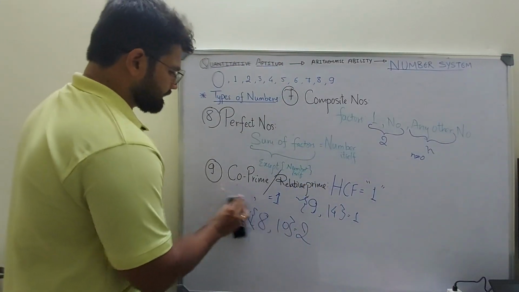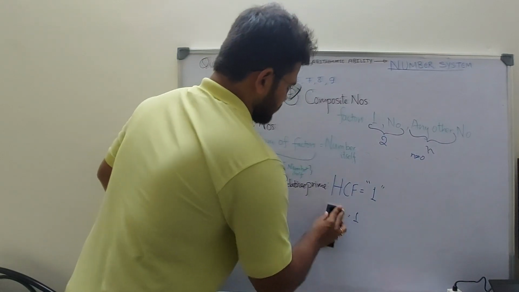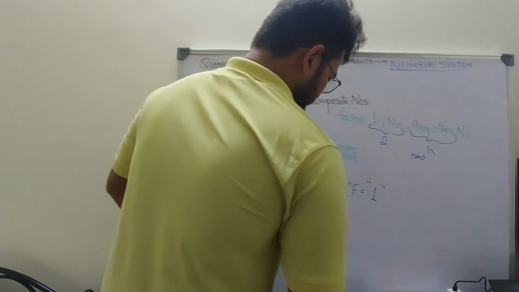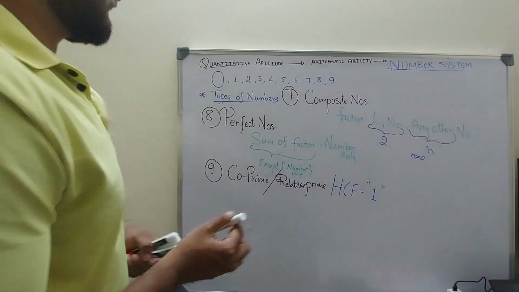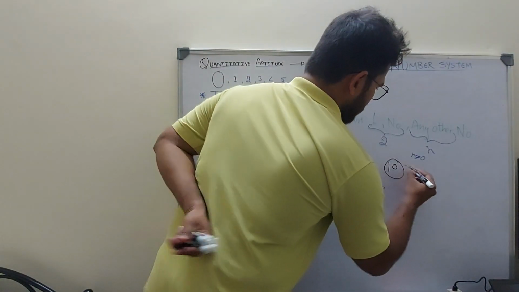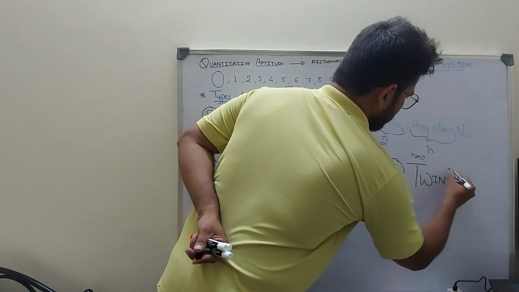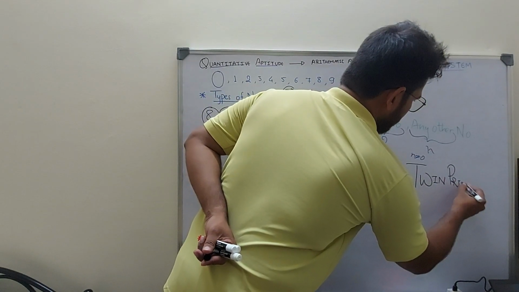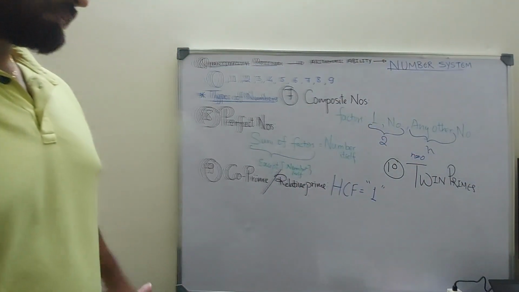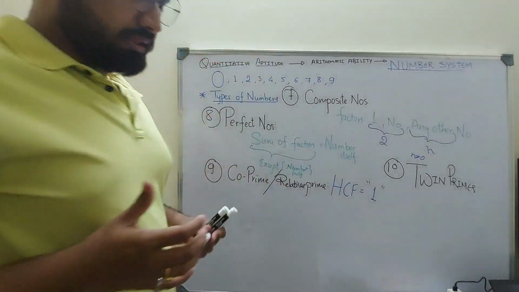Just simple. Okay. Then we will move towards another type of numbers, and those are twin primes. So this is also interesting. So what are twin prime numbers? Twin primes are nothing but numbers whose difference is 2.